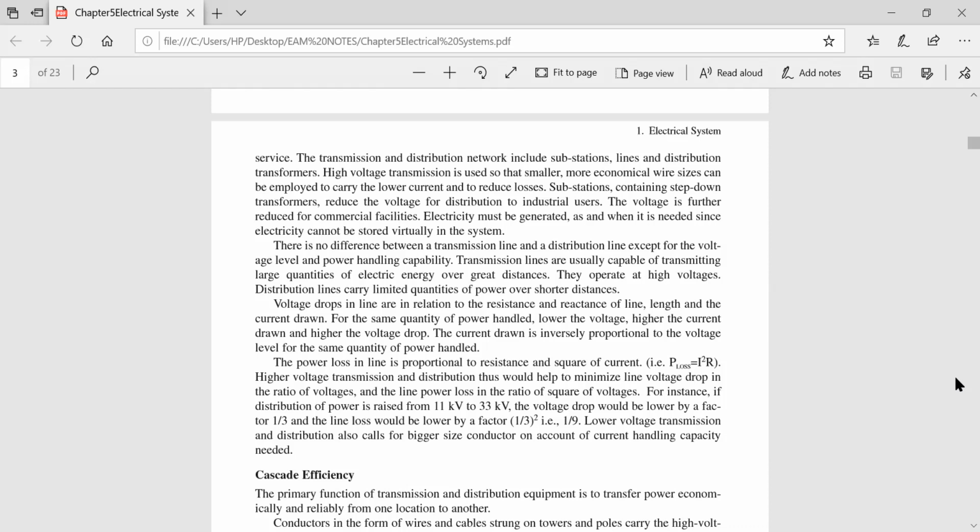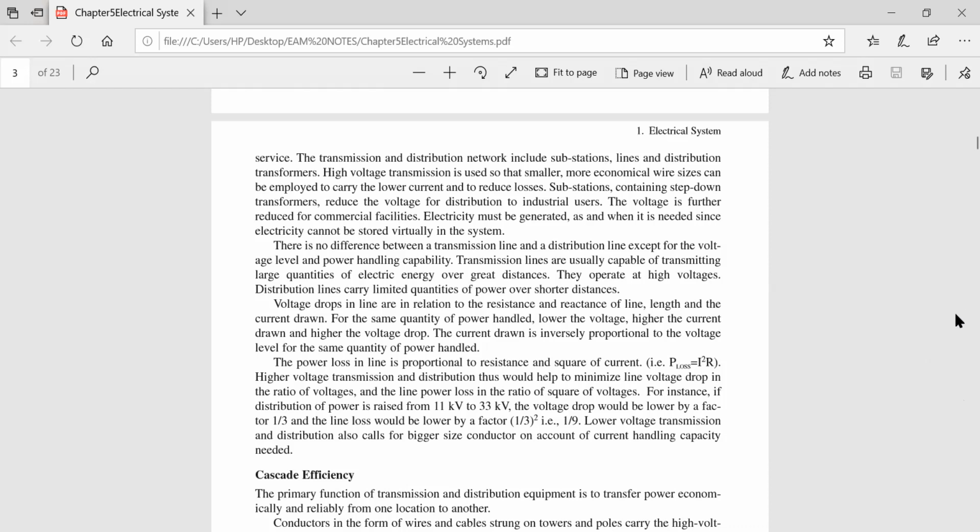So we conclude that lower voltage transmission and distribution will need a bigger size conductor for handling the current capacity.